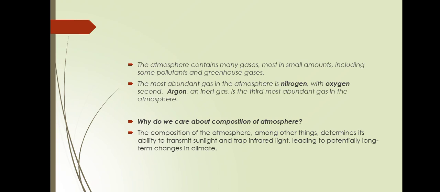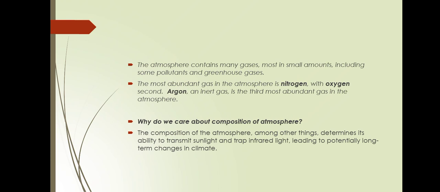the composition of the atmosphere. The question arises: why do we care about the composition of the atmosphere? The composition of the atmosphere determines its ability to transmit sunlight and trap infrared light, leading to potentially long-term changes in climate.